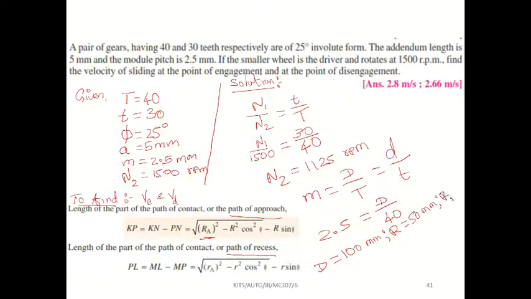RA will be radius plus addendum, that is RA, 55 mm. Similarly, 2.5 equals D by T.